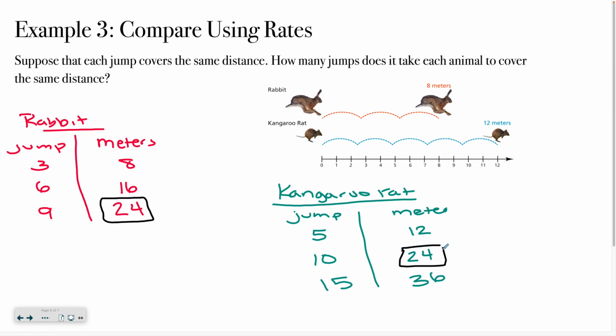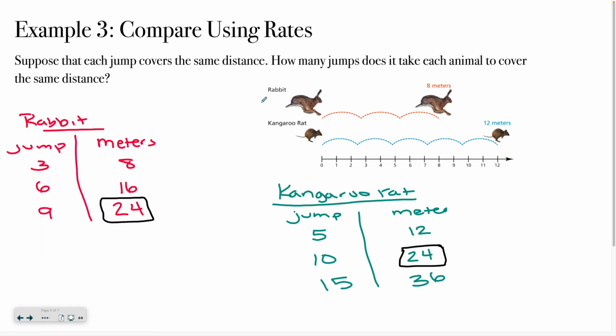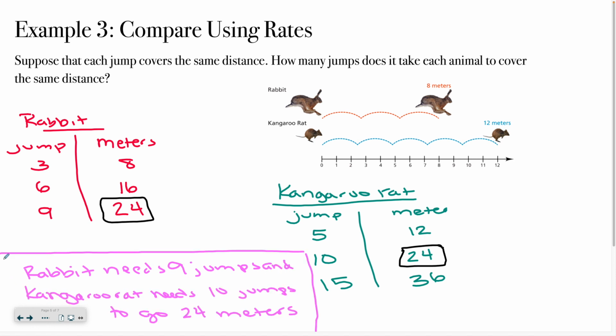So for that 24 meters, the question is how many jumps does it take each animal to cover the same distance. The rabbit needs 9 jumps and the kangaroo rat needs 10 in order to go 24 meters.